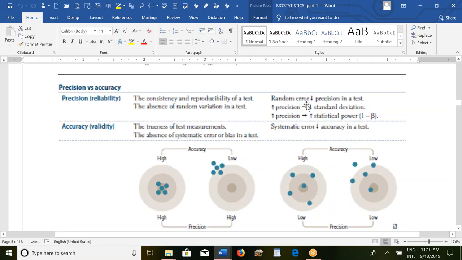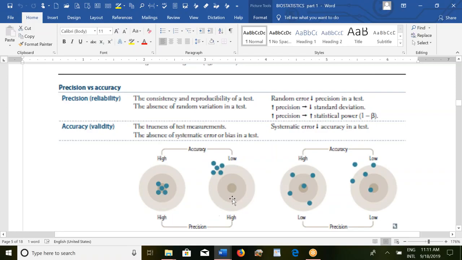So random error. You will get the same results, and you know you are getting the same results. This is high precision because they are falling towards the expected value. We had a mean and the values are lying near that, so this is a highly precise test.